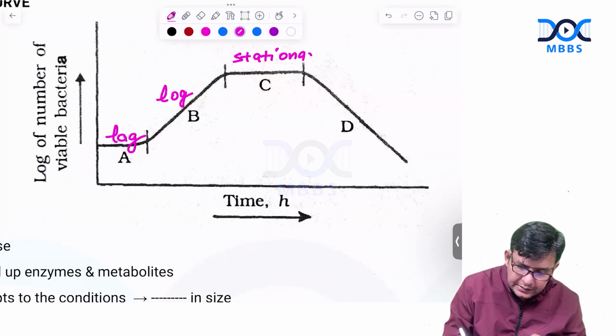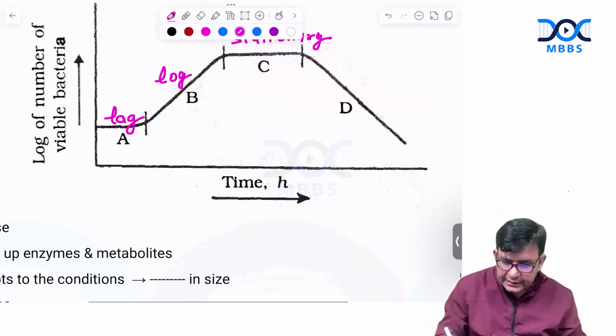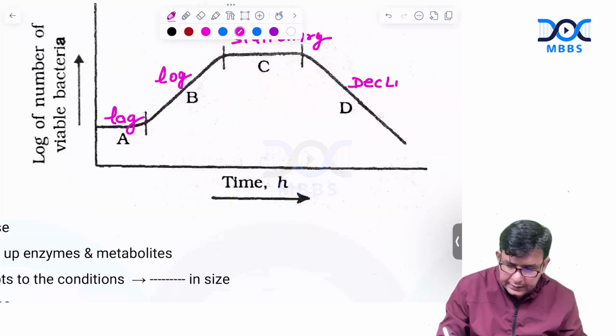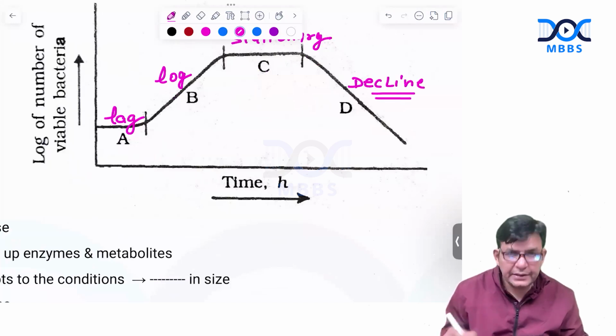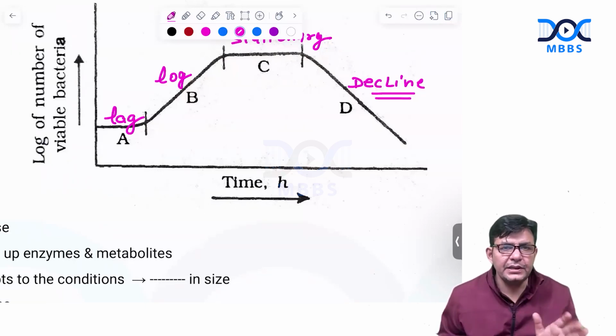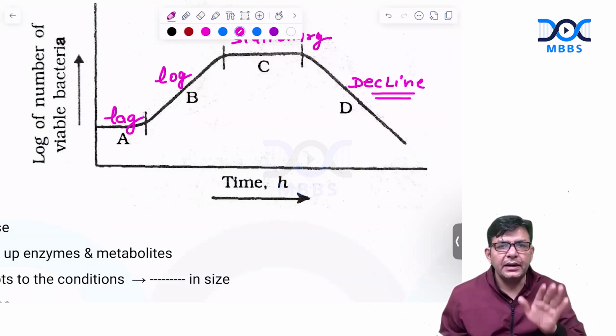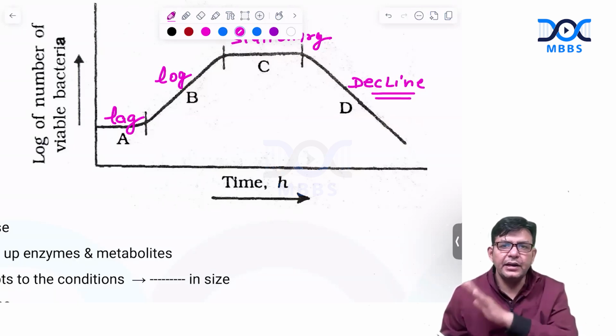And one is decline phase. So in total, you need to remember that there are four phases: lag, log, stationary, and decline, of any bacteria which is inoculated into a liquid culture media. So that particular bacteria has to go through these steps: lag, log, stationary, decline.